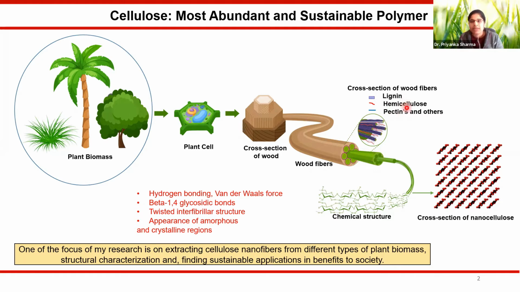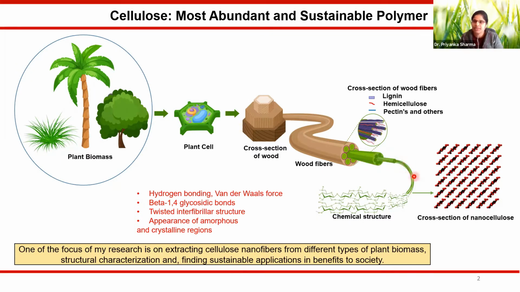Lignin and hemicellulose are not chemically resistant, and can be soluble in many solvents, including water. Therefore, there is no possibility to utilize these molecules for water purification purposes, and hence we are more interested in working on the cellulose fibers.